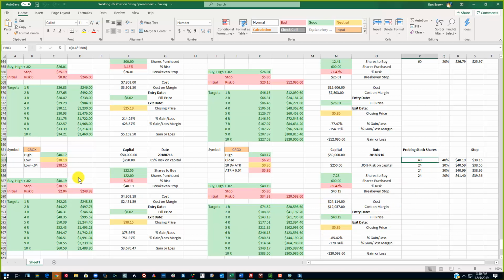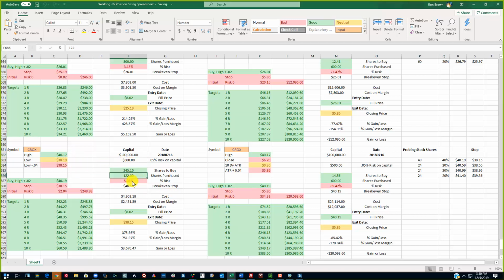I never take trades that small, but let's just bump this up here. Oops. And then my risk would be 500, and let's see if this is going to calculate. I may have screwed up the formulas.